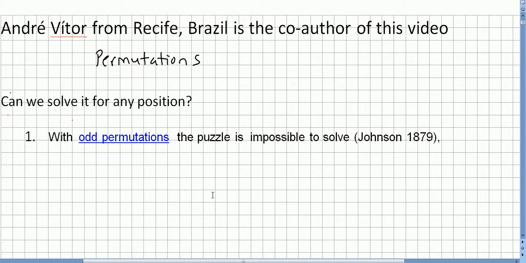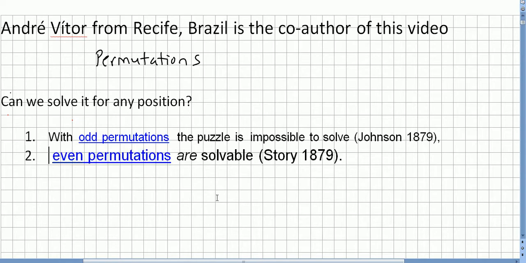We will see this in a minute. But in the same year, 1879, another mathematician called Story gave us a proof that with even permutations the 15 puzzle is solvable.